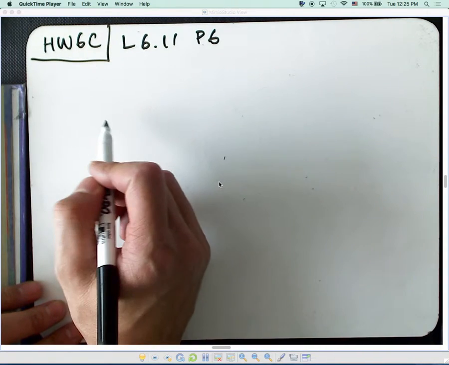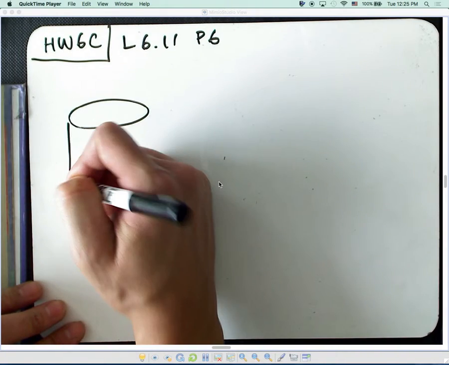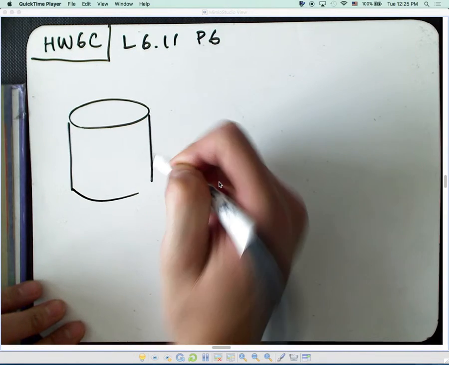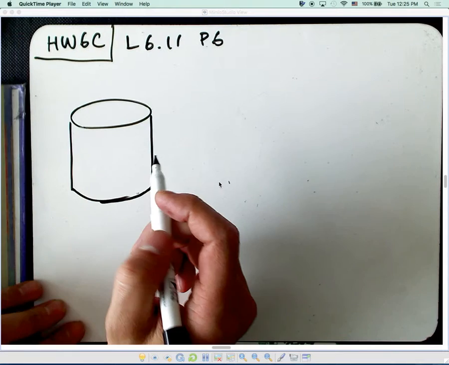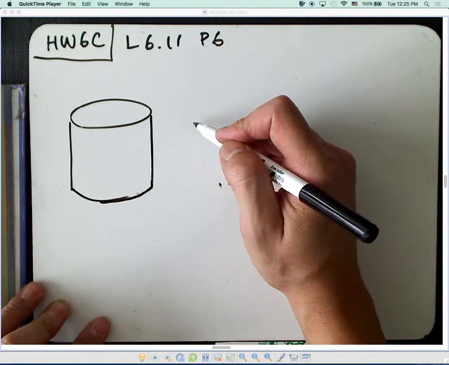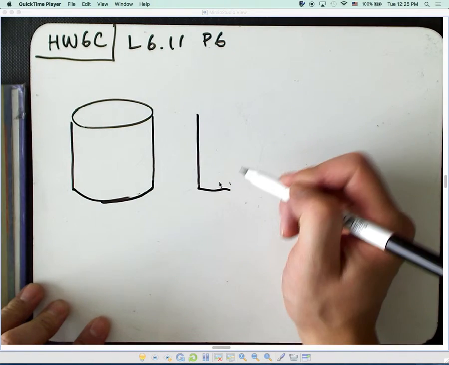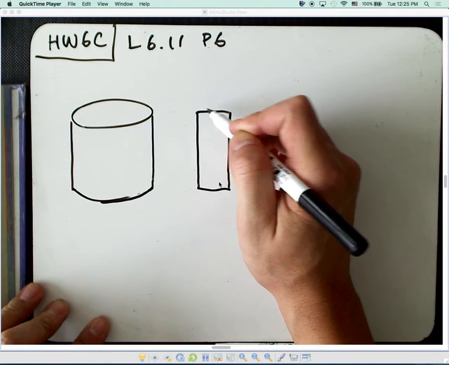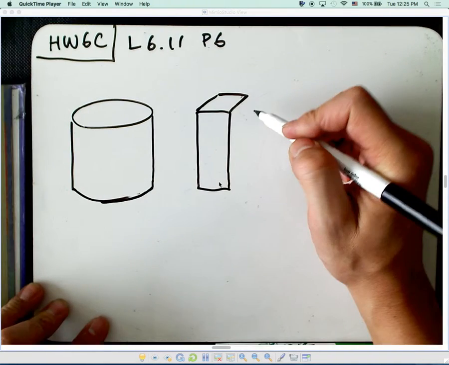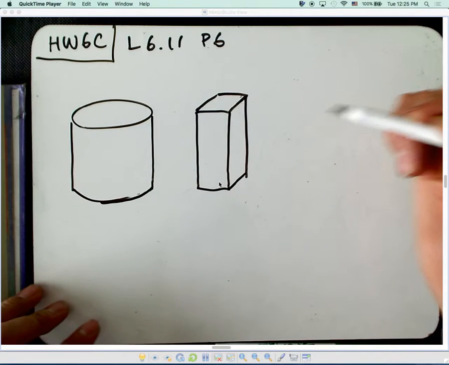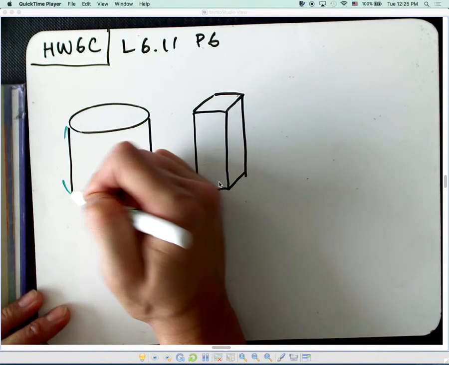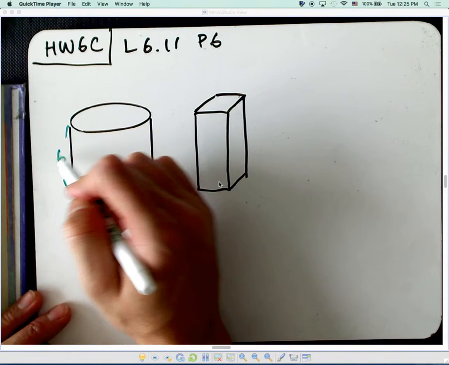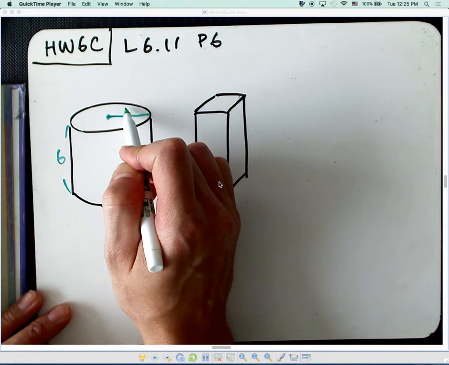So we have two shapes. One is a cylinder. The other one is a square prism, which is the prism with the base being a square. Okay, what do we know about these? We know the height of this cylinder is 6 and the radius is 3.